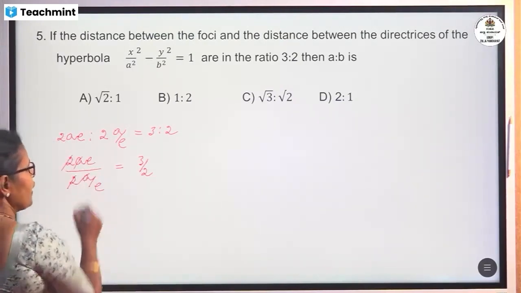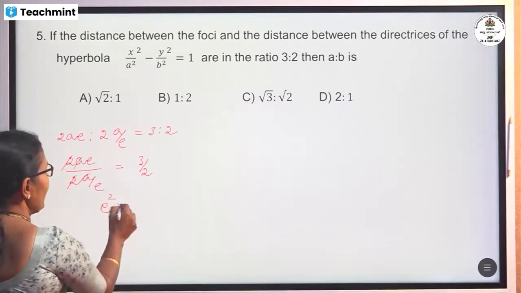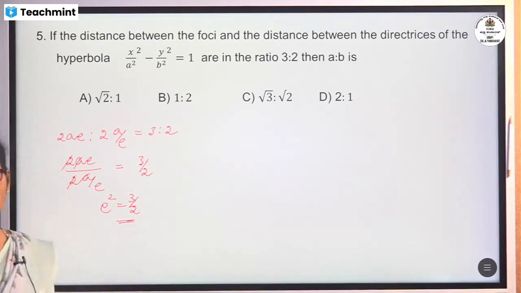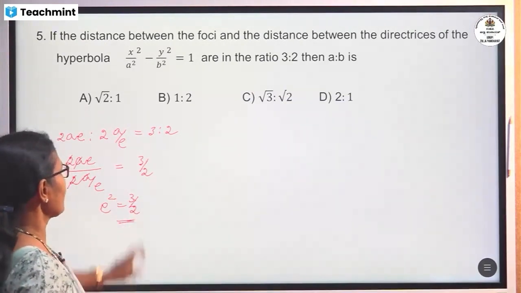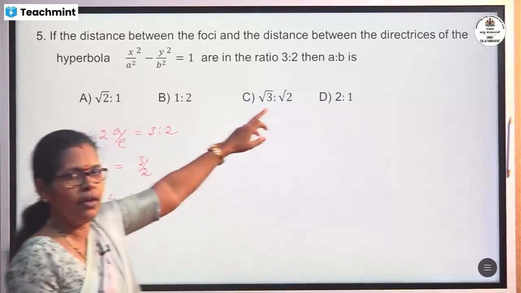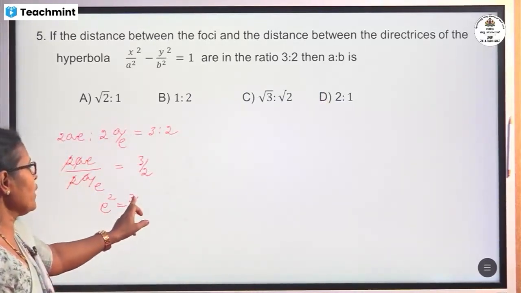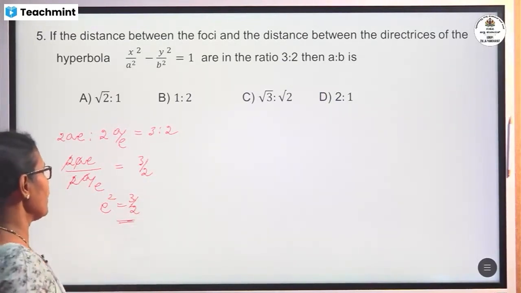Then E divided by 1 by E means E square, so E square is equal to 3/2. Next, we know the value of E square is 3/2, but we require a is to b. Then E is equal to the square root of 3/2.